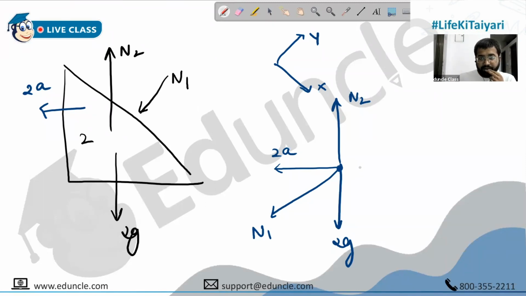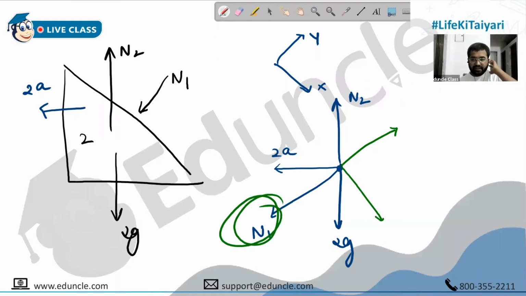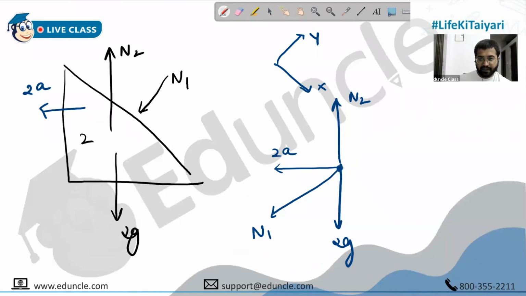Okay, so now I want forces along y and x. We have got how many forces? 1, 2, 3, 4. Four forces, and I want all the forces along y and x. So y is here and x is here. N1 is not supposed to be resolved. We don't have to resolve N1; we will keep it as it is, but we have to resolve all the other forces. So let's start with N2.